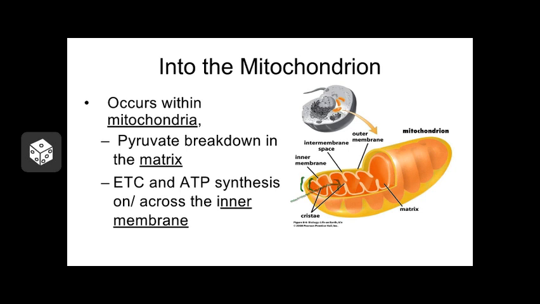Now because pyruvate is kind of large, it's going to need to be actively transported into the mitochondrion twice to get into that matrix. That's actually going to end up costing us a little bit of ATP at the end of the process. When we count up how much we spent and how much we made, this step costs us a little bit. But that's okay, it's worth it. You're going to see we're going to make a lot of ATP. So let's head into the matrix and begin those reactions.